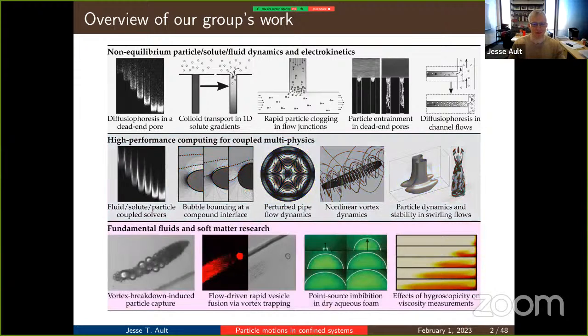And then more broadly, we've worked on a variety of different problems in the fundamental fluids and soft matter research space, especially, which I'll talk about in a second, this vortex breakdown phenomenon, and different problems like the measurements of hygroscopic fluids in a rheometer, and also looking at imbibition of oils into dry aqueous films.